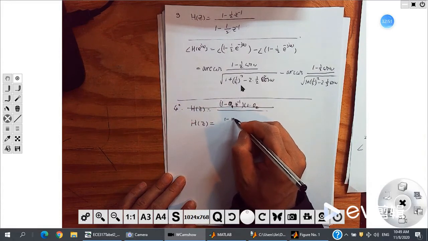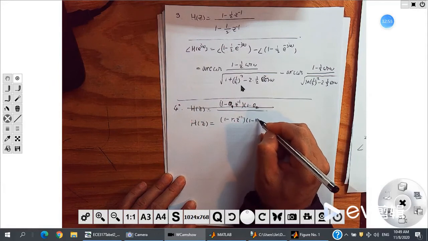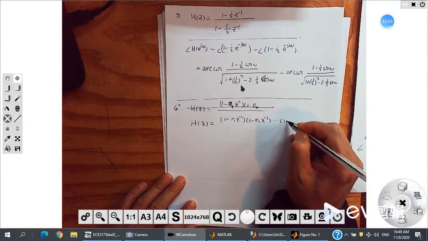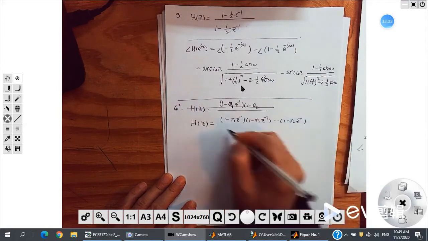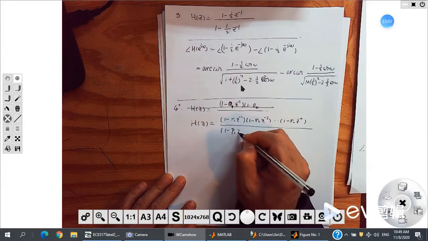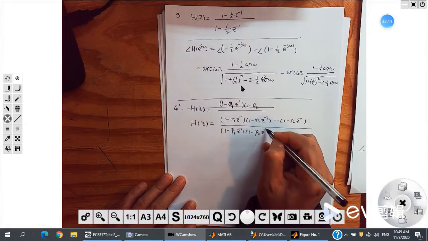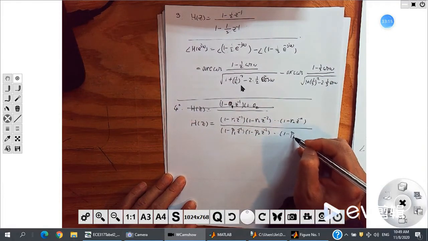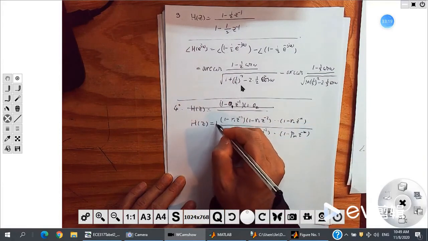So r1 z to negative 1, 1 minus r2 z to negative 2, until 1 minus rn z to negative n, and here 1 minus pole 1 z to negative 1, 1 minus pole 2 z to negative 2, 1 minus pole m z to negative m, and before it you have a constant k.